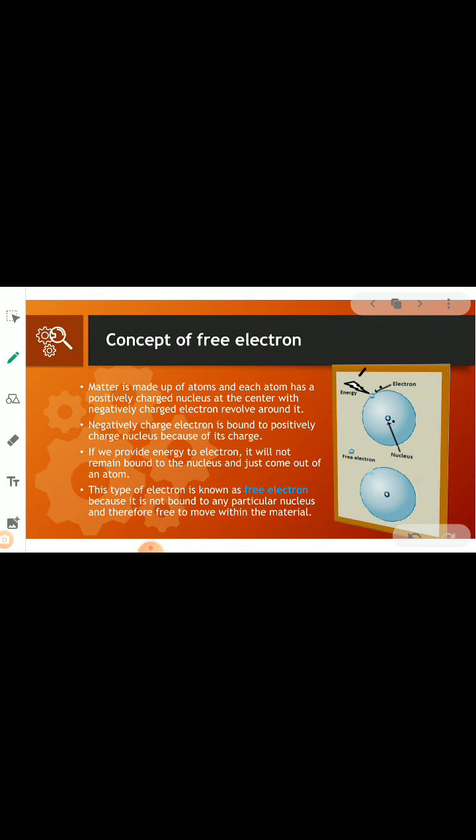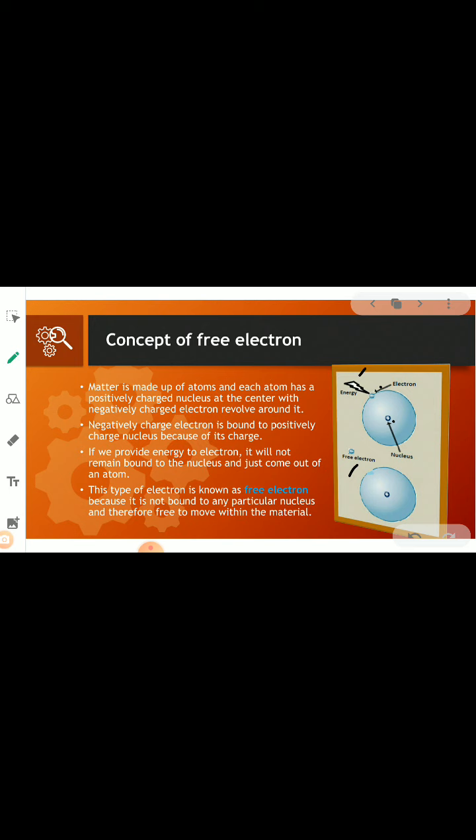It will not remain bound to the nucleus. When it comes out of an atom, it is free to move in a material. We call this type of electron a free electron because it is not bound by a particular nucleus and it is free to move within the material.